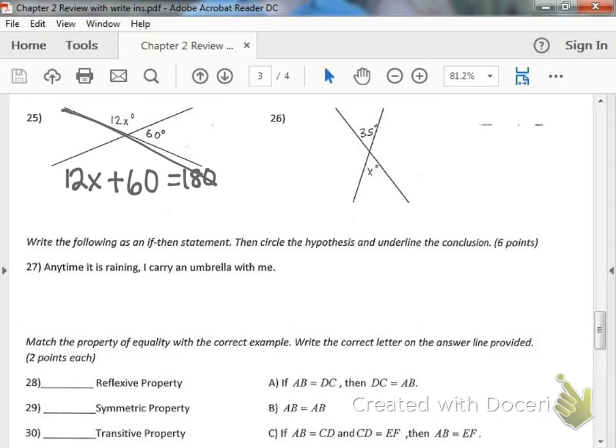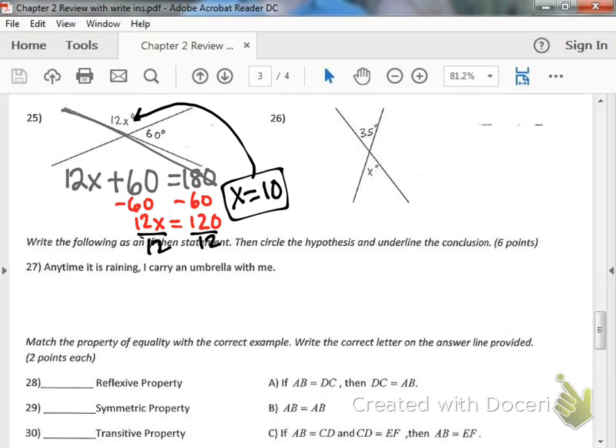So I'm going to subtract 60. 12x equals 120. Something like that should actually give you 10. So x equals 10. Now, if you're ever unsure, you can plug the x back in, do the math, and see if you get 180 for the angles.